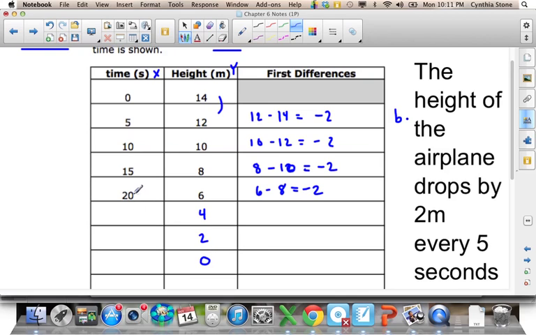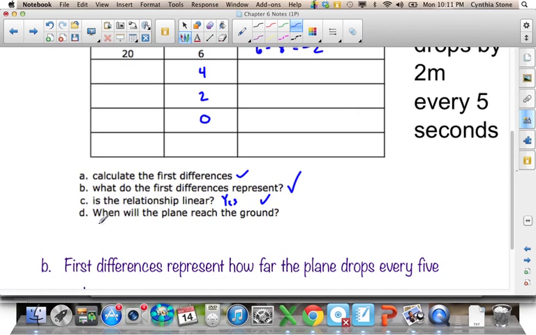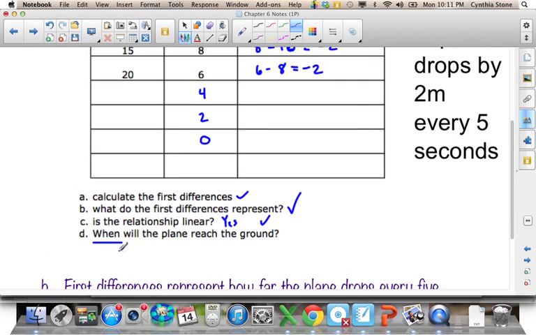The question is asking when. When you get a question, what is it looking for? When must be the x value. It's the time. When means you're looking for time.